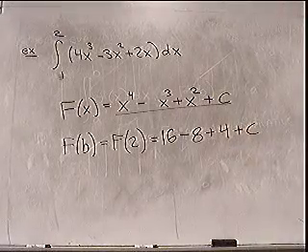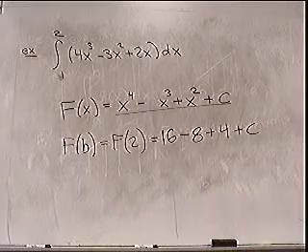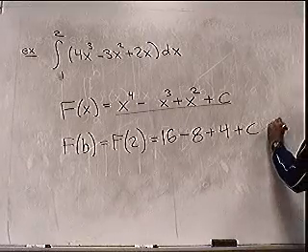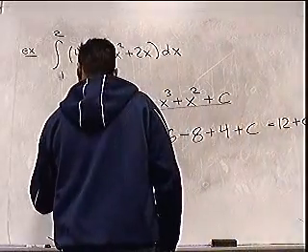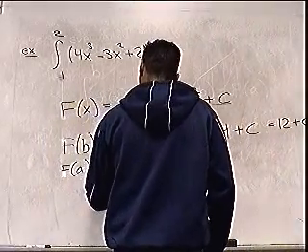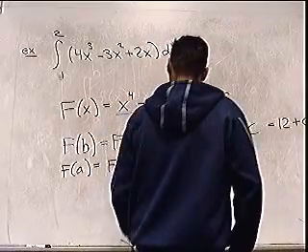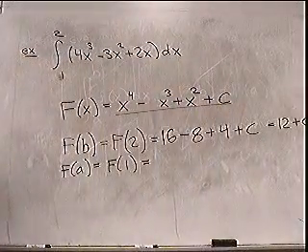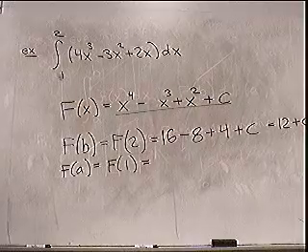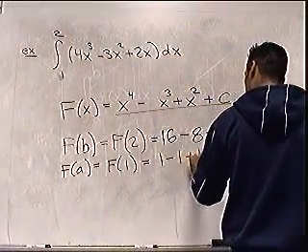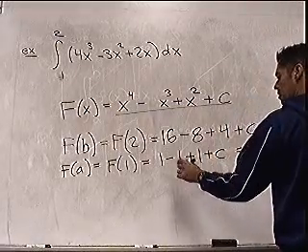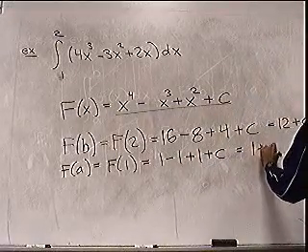What's that give you? 12 plus c. Now find F of a, which for us is F of 1. What's F of 1? 1 minus 1 plus 1 plus c, which is 1 plus c.